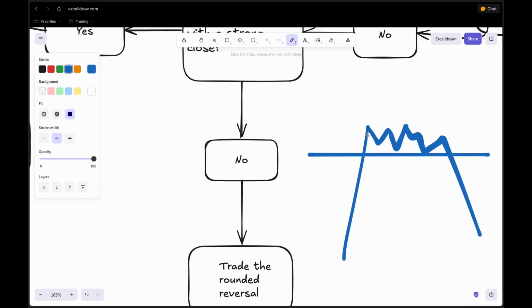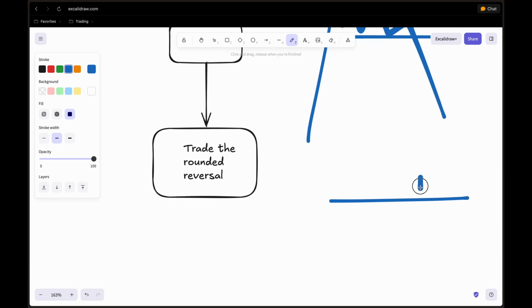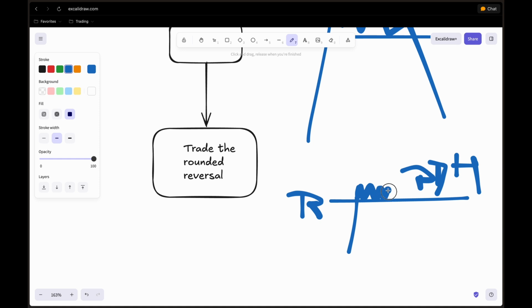The level will flip. So let's say this is the previous day high. This is our time map. And before going to that point, price acted as resistance. Once the price reached that point and there is a weak close above, this level will now start to act as support. So the level will flip.